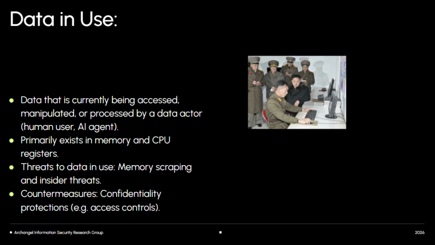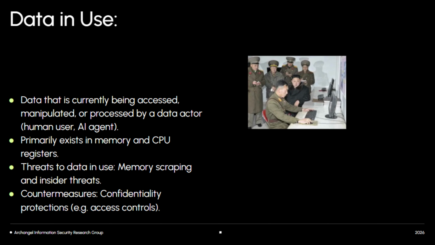Data in use refers to information that is actively being accessed, processed, or manipulated by a user, application, or an AI system. When data is in use, it typically resides in a system's memory, CPU registers, or in temporary processing areas. Examples can include editing a document, running a database query, or processing customer information through an application.